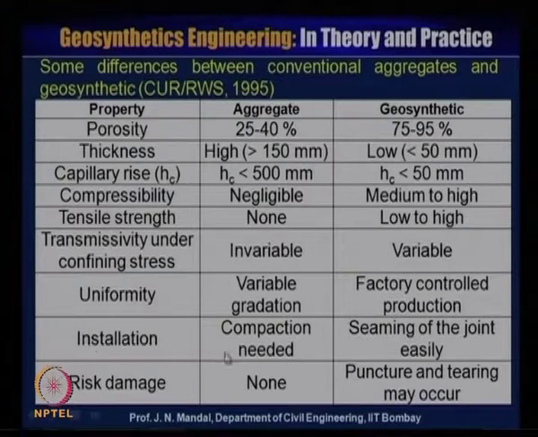Installation: for aggregate you need compaction, and in case of geosynthetics the joints can easily be seamed. In terms of risk of damage: aggregate none, but in case of geosynthetic there is a possibility of puncturing and tearing, so you have to design very carefully in order that the geosynthetic material should not be punctured or torn.